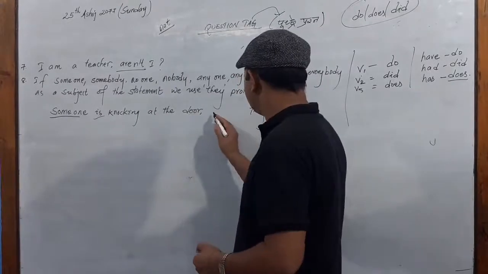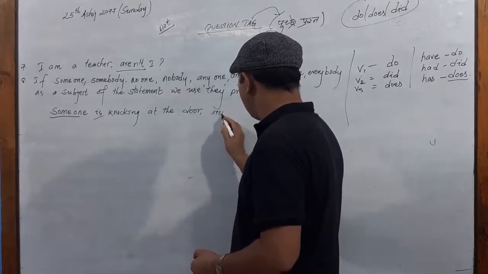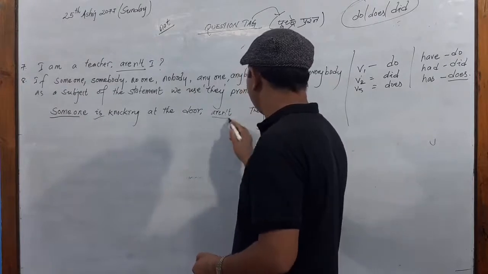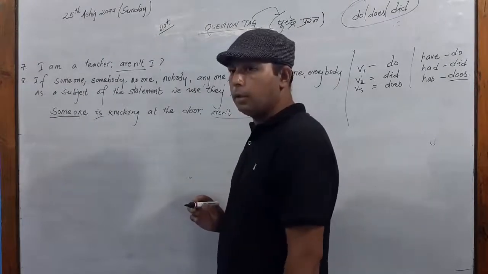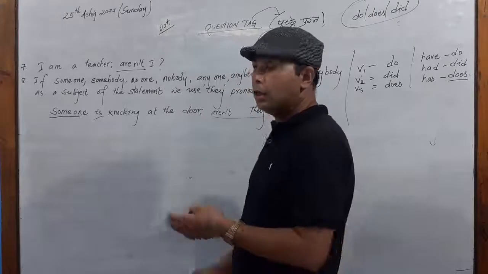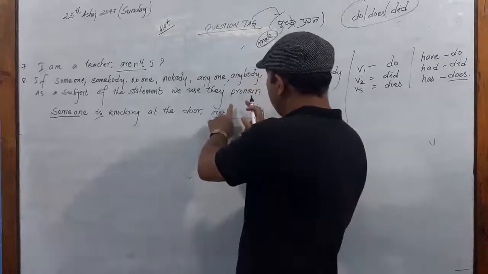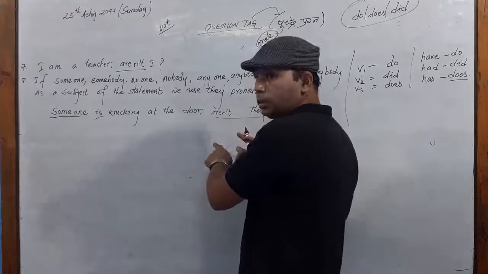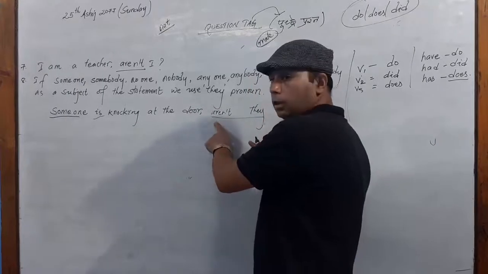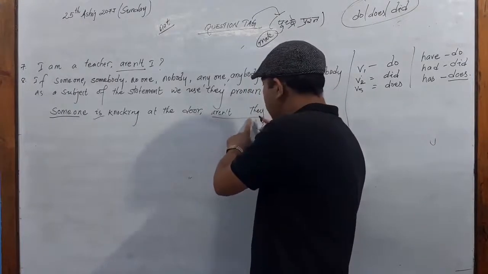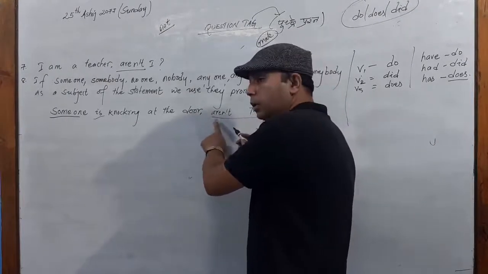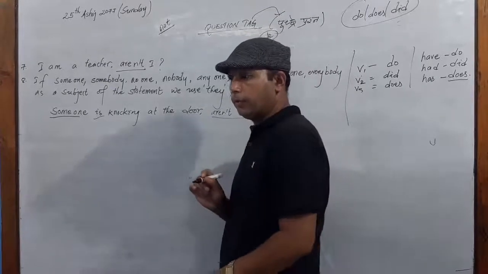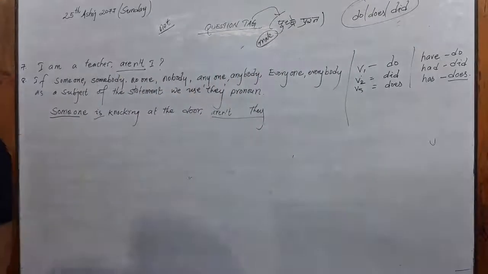Are. So, aren't they? We do not write isn't they, we have to do the agreement between subject and verb. If the subject is they, then with they we have to write a plural verb. Okay, remember these things.